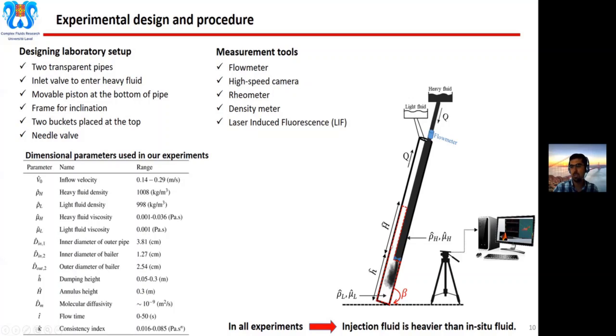In each experiment, first we fill the outer pipe with the light fluid, and then we start the experiment by opening the gate valve. The heavy fluid comes inside the pipe and displaces the light fluid toward the other reservoir. When you talk about light fluid, is it just water or something else? Yeah, it's pure water.